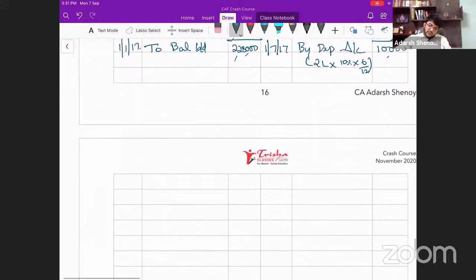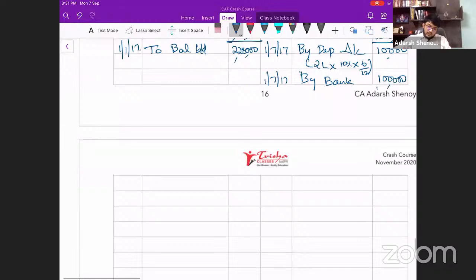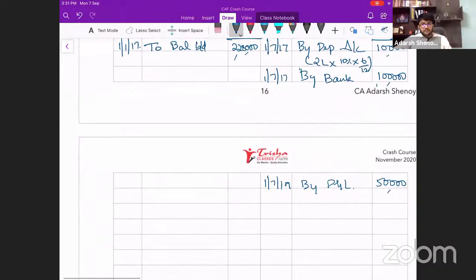Then post those entries relating to sale: by bank 1 lakh, by profit and loss account 50,000.